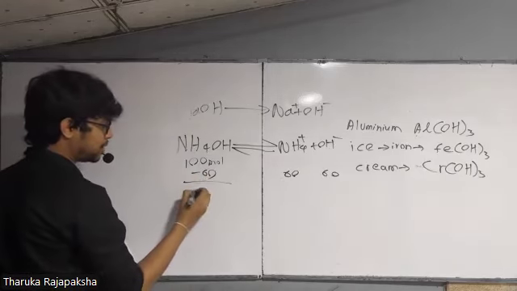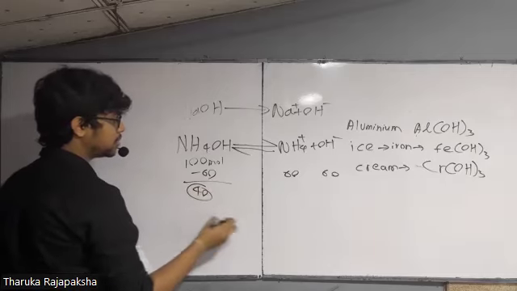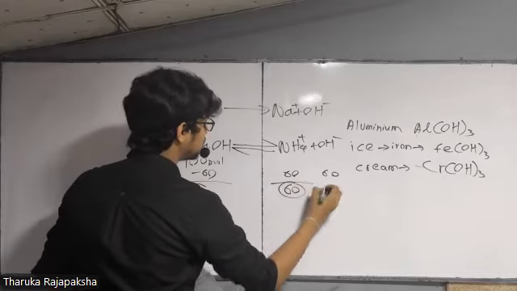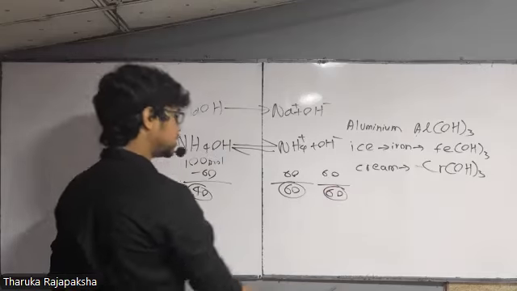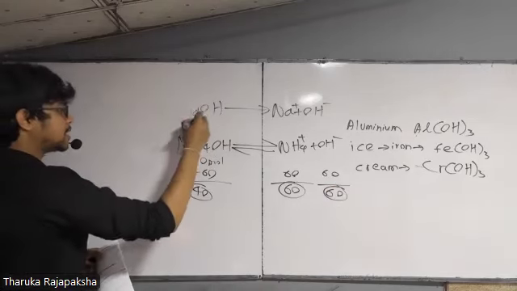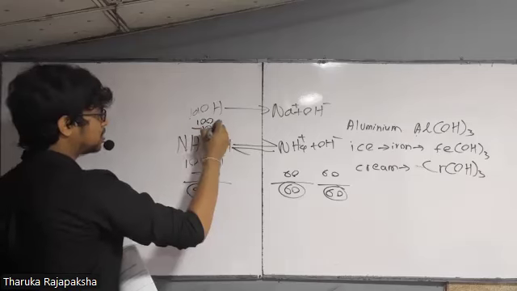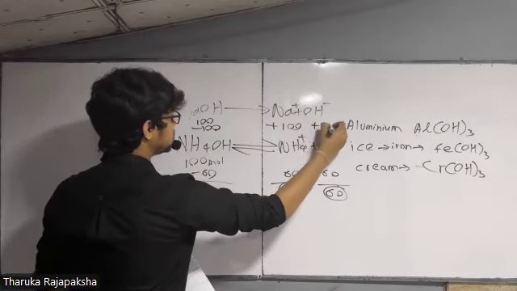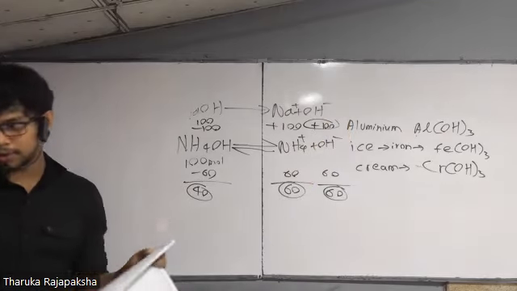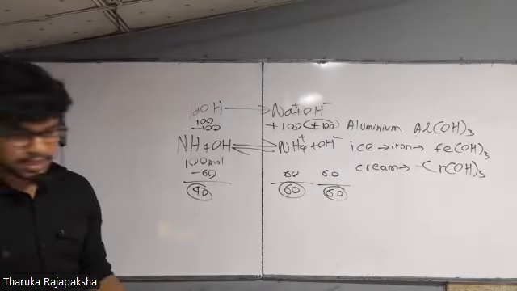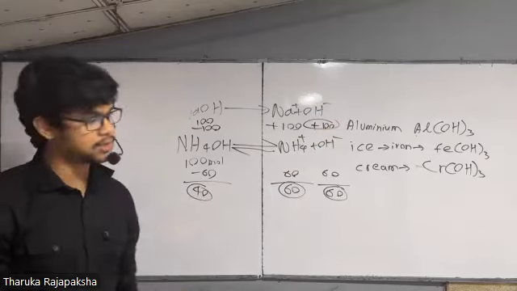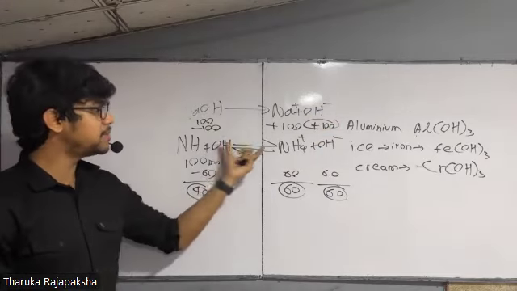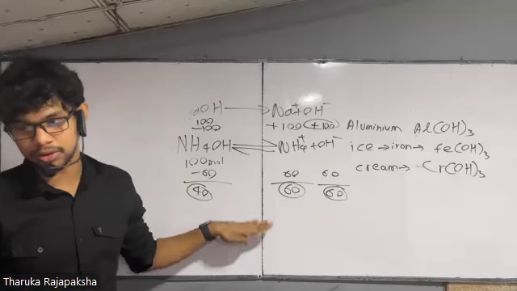At equilibrium, you will have only 40 molecules of ammonium hydroxide, and 60 molecules of ammonium plus and 60 molecules of OH minus. But here, everything will react. If there are 100, then all the 100 will react to form OH minus and ammonium plus. So everything will go to form anions and cations. So with a reversible reaction we can reduce the amount by some extent.